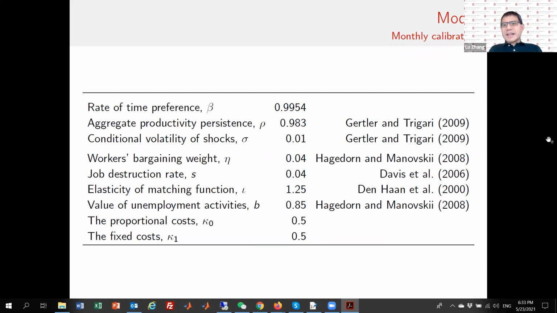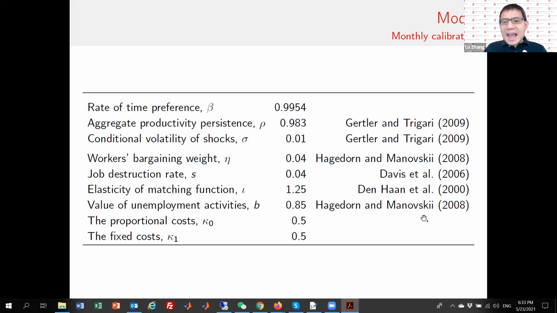All right, so monthly calibration. Our calibration follows the spirit of Hagedorn-Manovskii. In particular, we are using a relatively low workers' bargaining rate and a relatively high flow value of unemployment activities, 0.85.